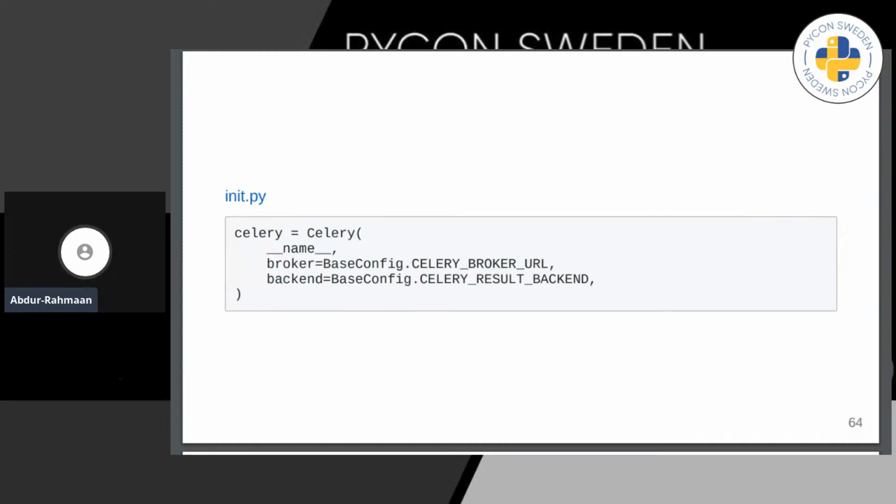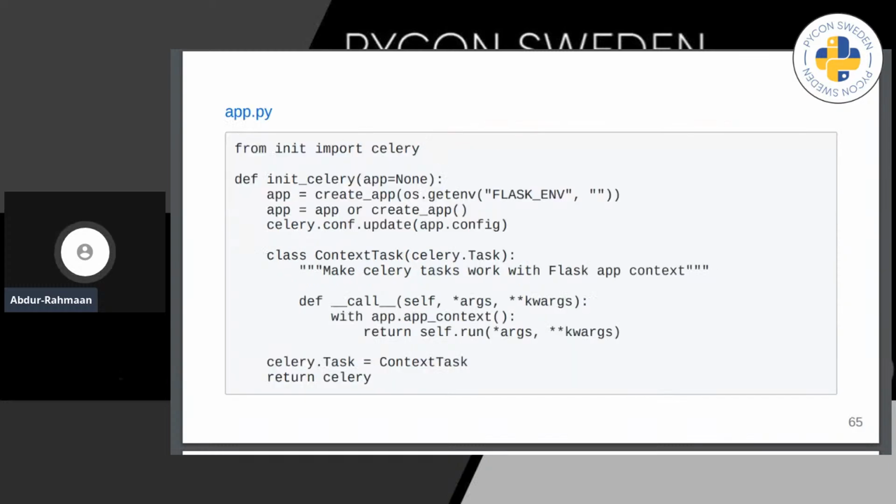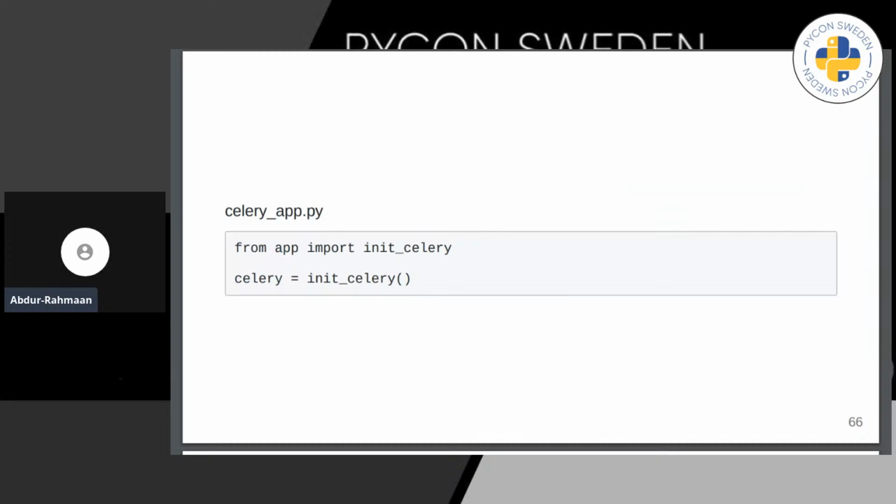In init.py, just like we said, every extension object we define in init.py. So for Celery, it's the same. And then in app.py, we have our create app, but also our init celery function. And then in the Celery app, we just do something like that.